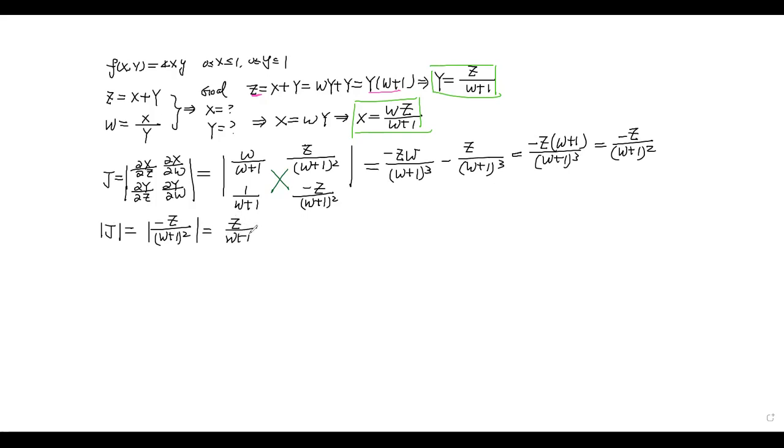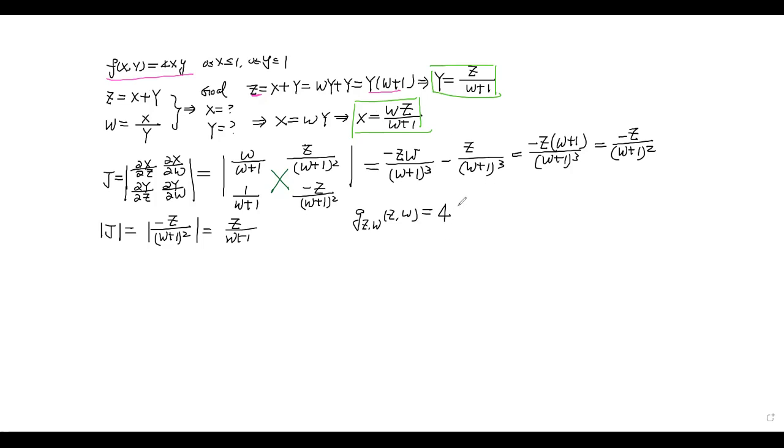Okay, now after this, I can substitute into my original f of x function. So now I know my g(z,w). You just plug in x equal to wz.